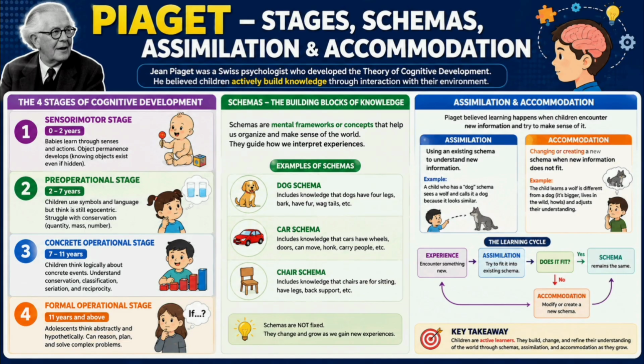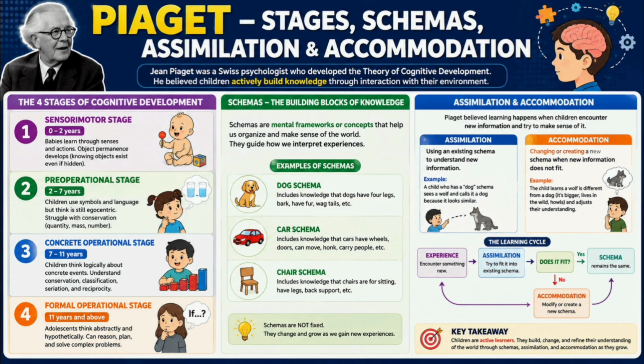Conservation. Children now understand that quantity remains the same even if the appearance changes. For example, they understand that transferring water from one container to another does not change the quantity of water. Classification. Children can classify objects into groups based on their characteristics.